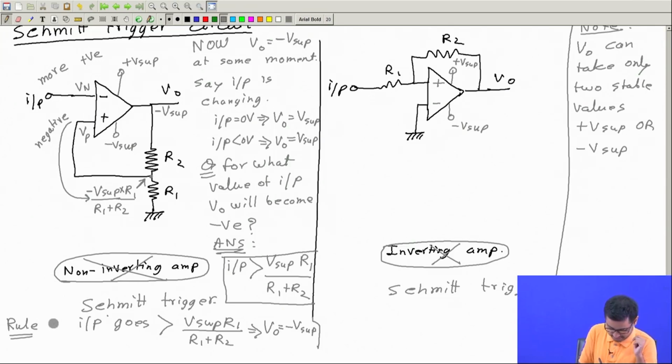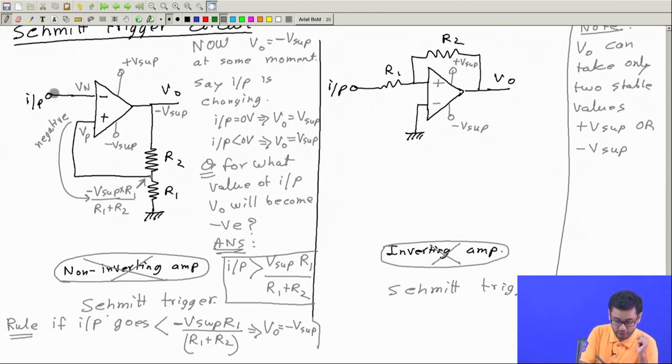Okay, I could write it here. If input goes below this value, minus V supply R 1 by R 1 plus R 2, if input is decreasing and now it becomes lower than this value, then output will change.